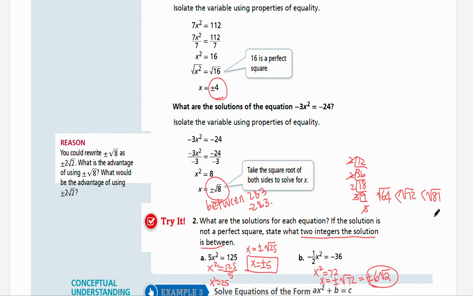So root 72 is greater than root 64, less than root 81. So then it's greater than 8, less than 9. So we can say it's going to be between 8 and 9, or negative 8 and negative 9 if it's a negative 6 root 2.